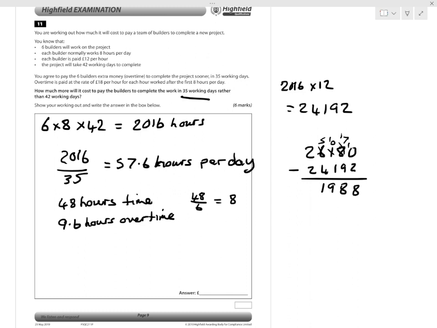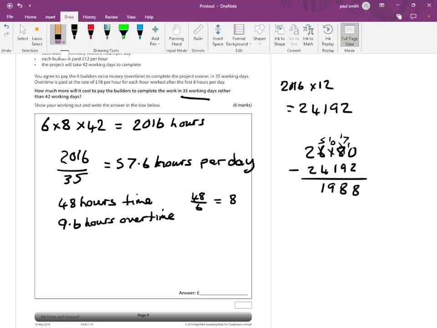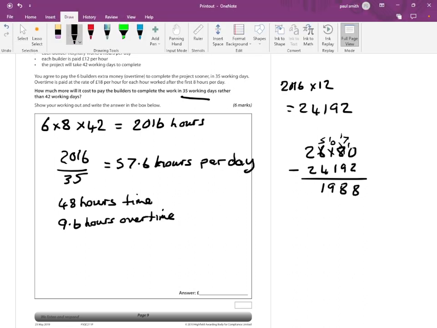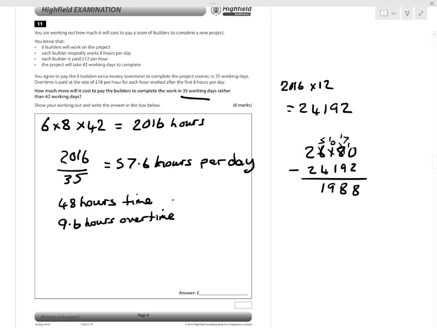And then I'm going to have to multiply it by 6 again anyway, aren't I? Yeah. So 48 hours. I still think I'm fairly confident on this. 48 hours times £12 an hour is £576.